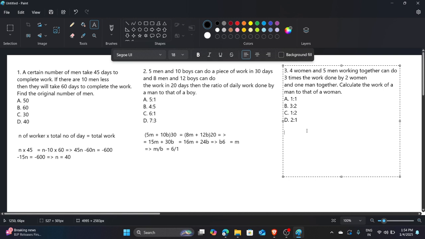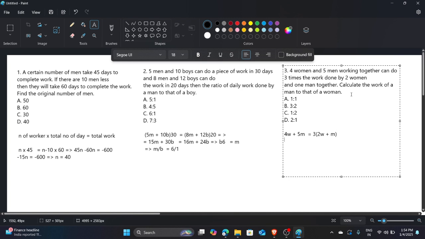The 4 women plus 5 men together can do the work 3 times. Okay, so we consider 3, because it is 3 times the work done by 2 women plus 1 man.